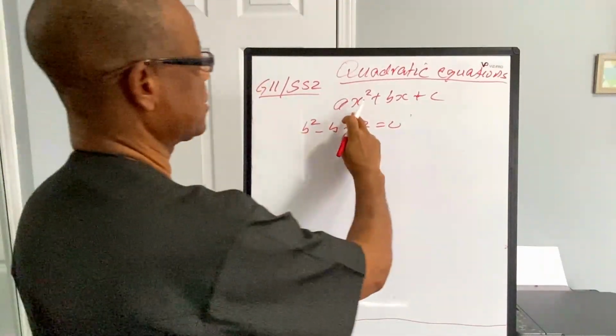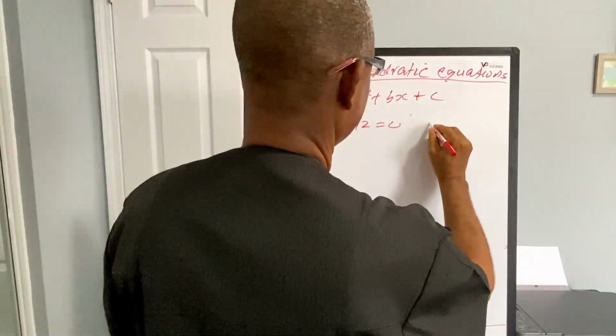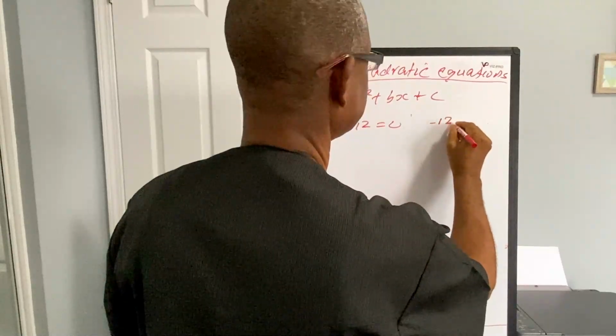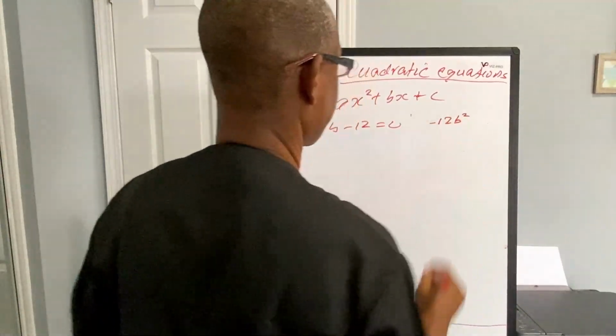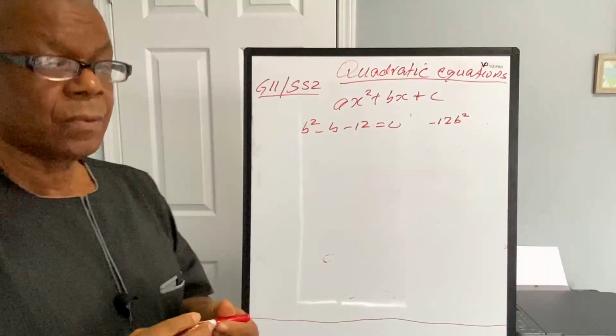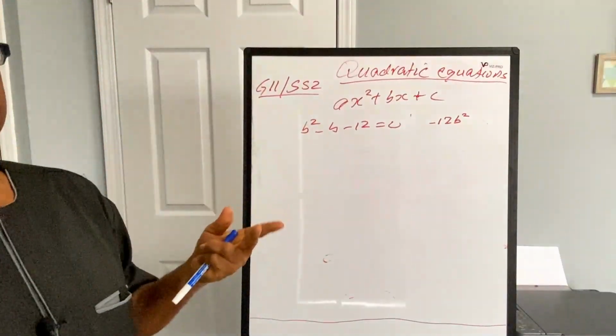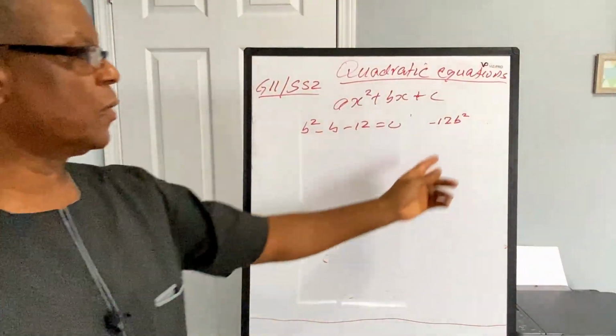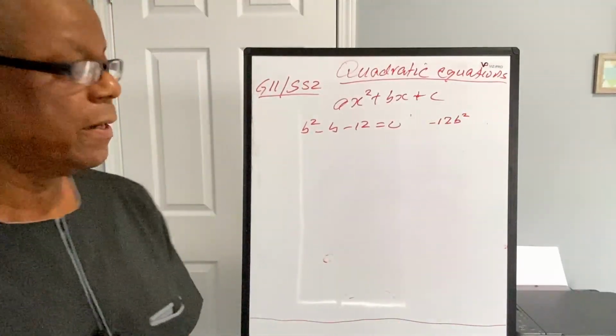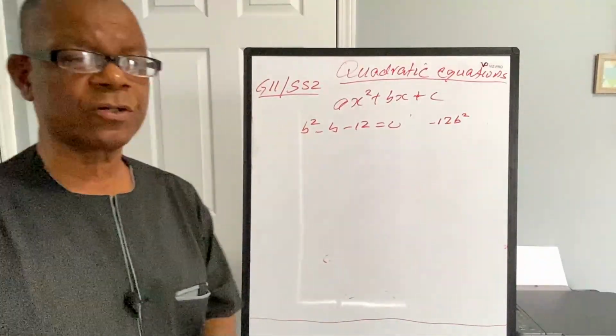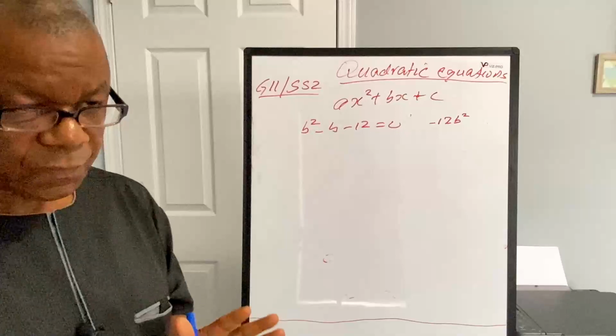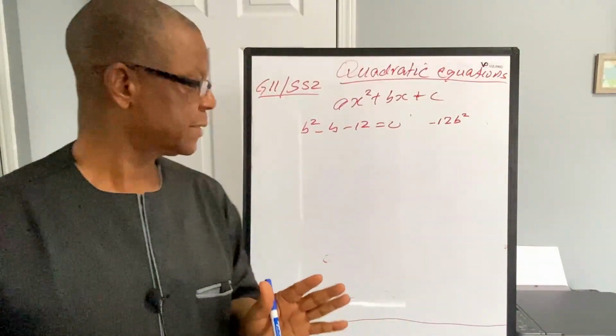Component A times component C will give us minus 12b squared. We now find two factors whose product will give us minus 12b squared, but whose sum will give us minus b. 4 and 3 can do that.